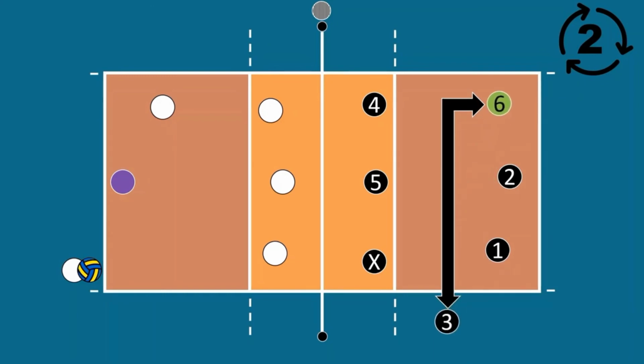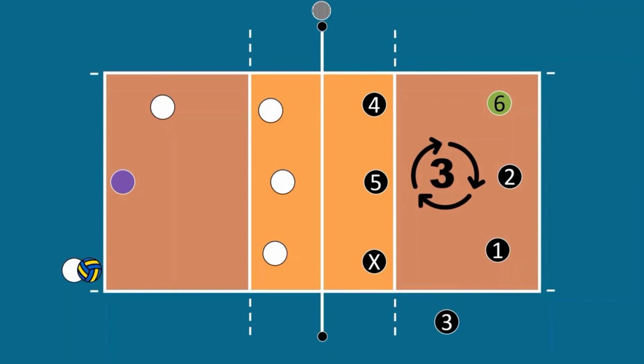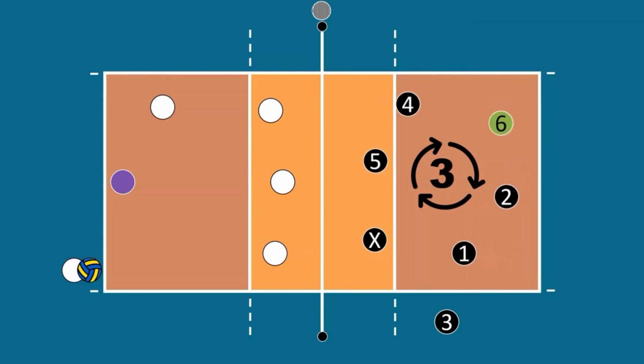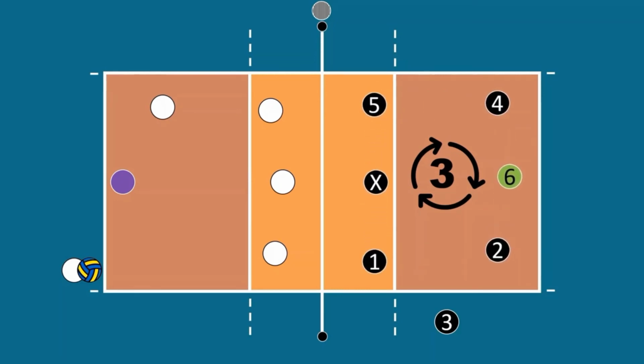Now let's say you lost a point again, the ball goes to them, something happens, and then you got the point again. So once you get the point, you do a rotation. You would do a third rotation, and let's say again you lost a point, and then when you won a point again, it would be the fourth rotation.